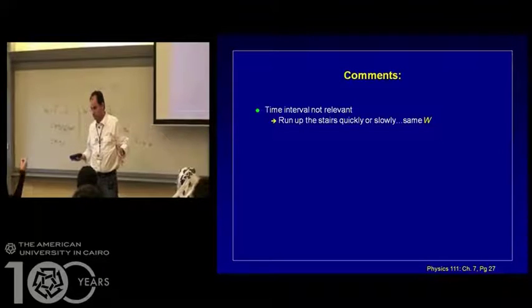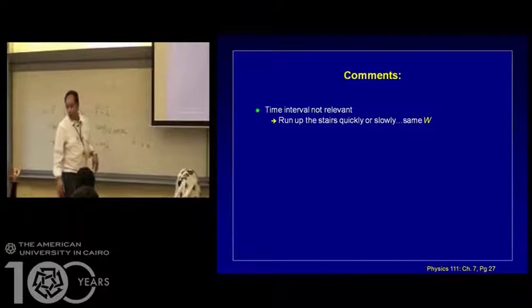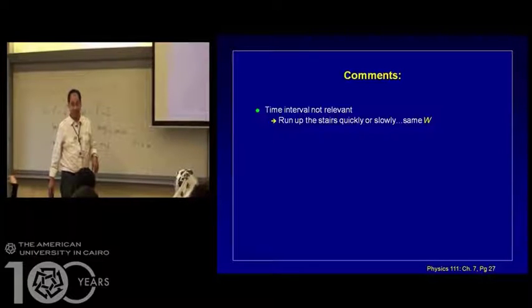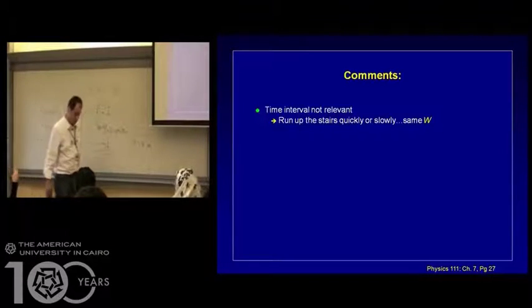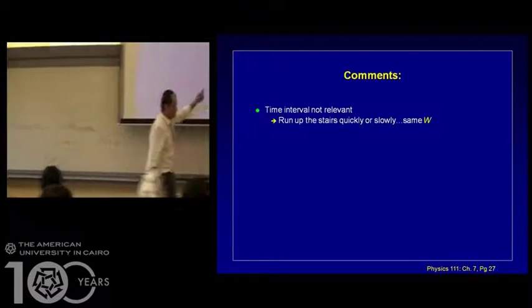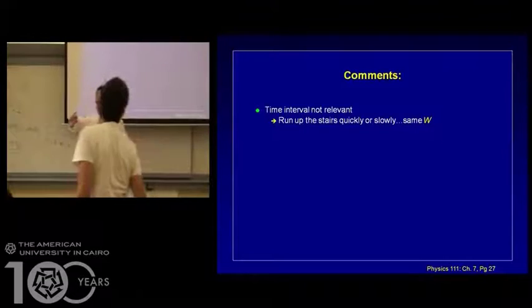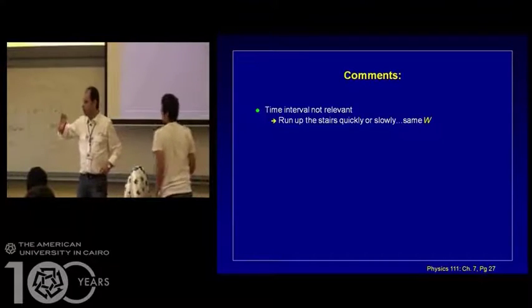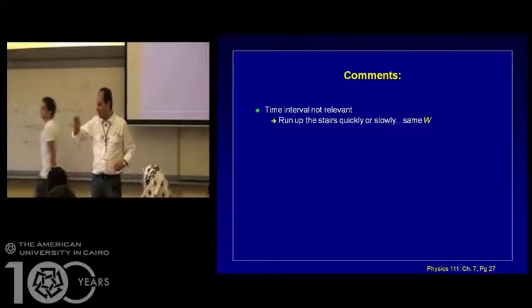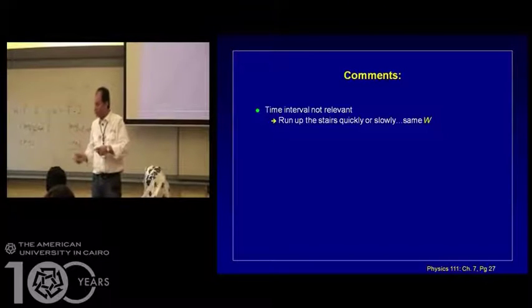When you go quick, the work you do is the work against gravity. If you go up very quick or very slow, the work done against gravity is the same. You have to provide the same force.